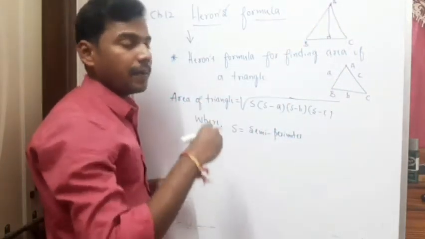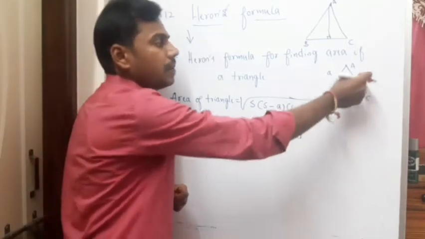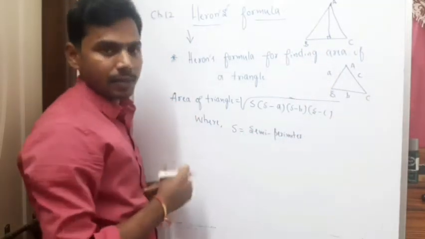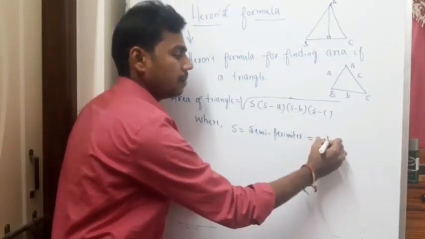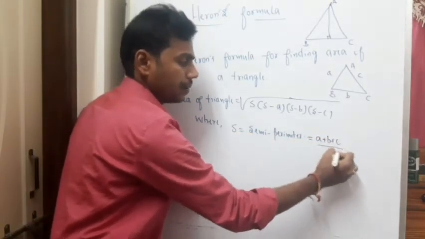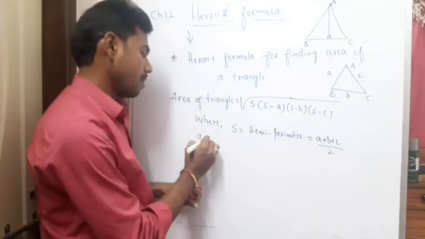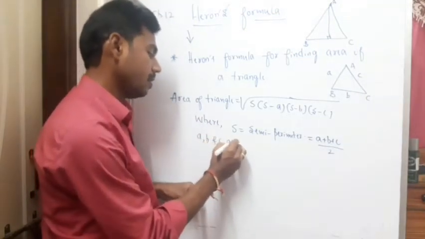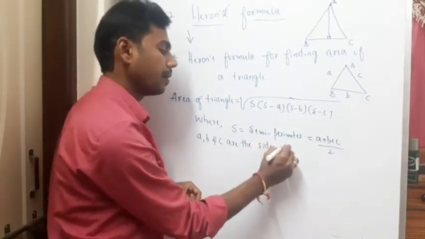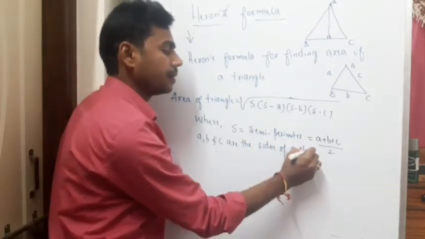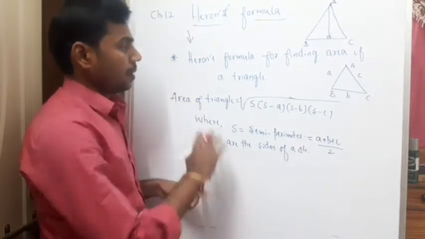So what is the semi-perimeter? A plus B plus C divided by 2. So S is the semi-perimeter, which is equal to A plus B plus C divided by 2. Then A, B and C are the sides of a triangle.